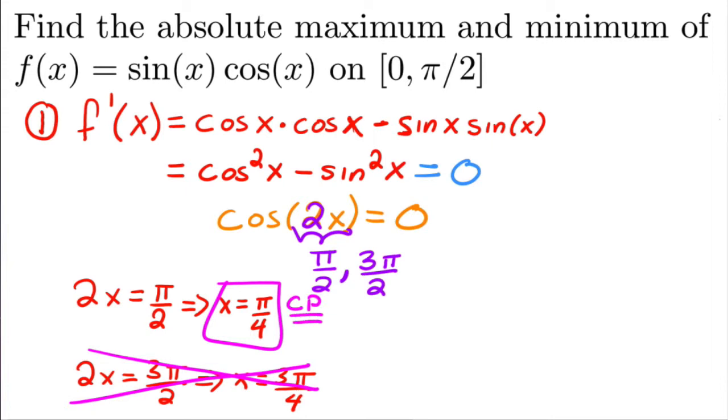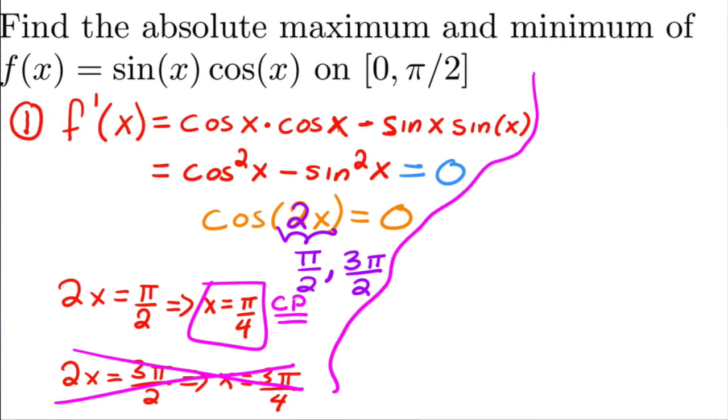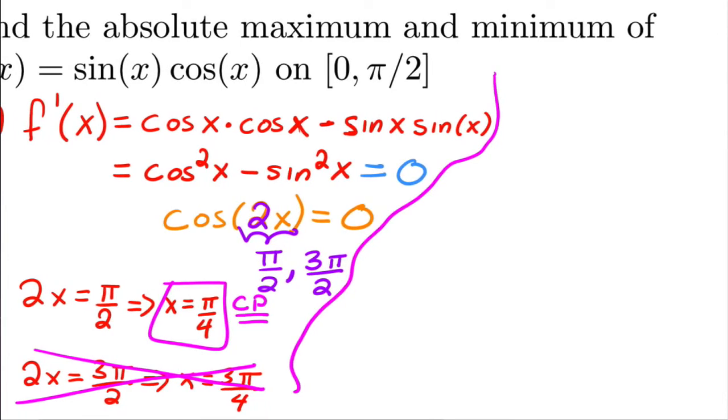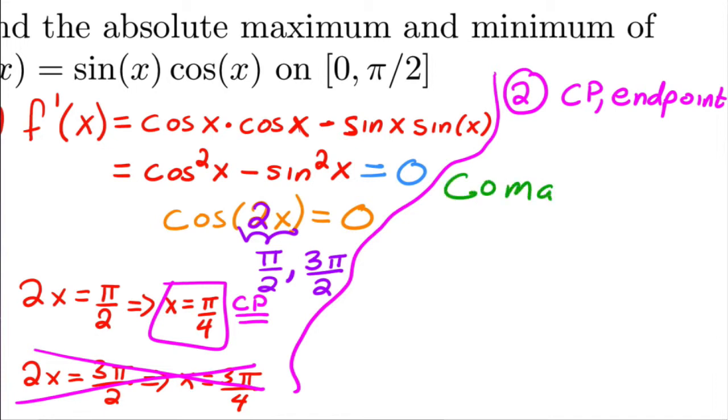Okay, so then remember what you do is you plug in your critical point. You compare the value of the critical point or points and your endpoints. And what you're trying to find is the y value. And so you basically do a little comparison.